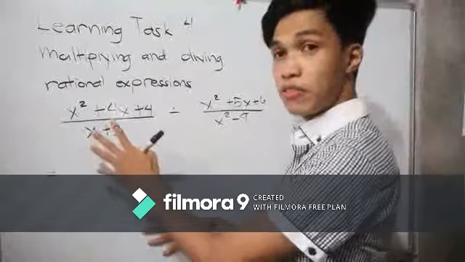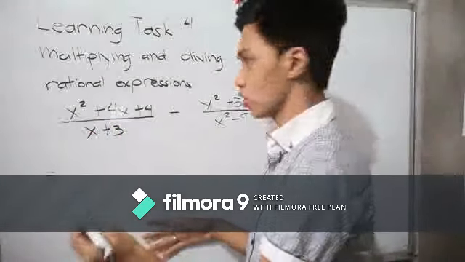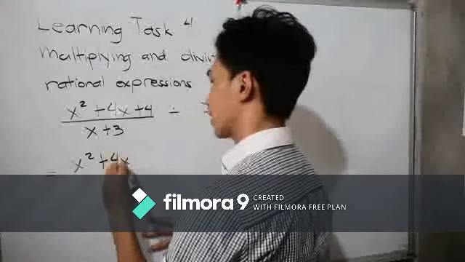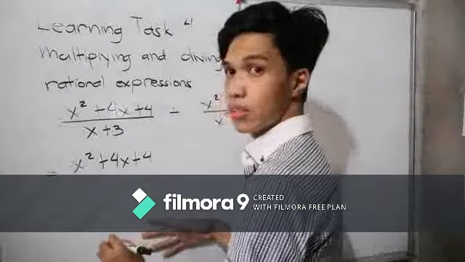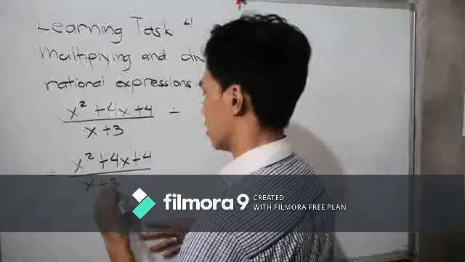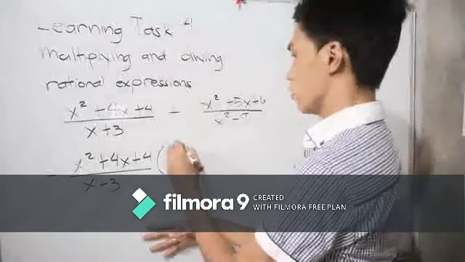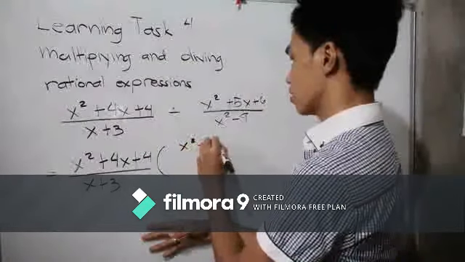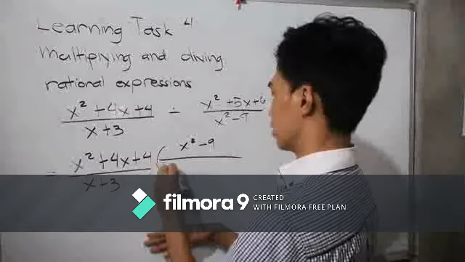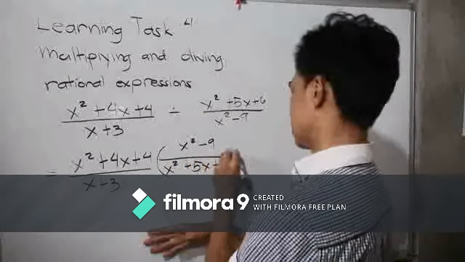So let's copy the first fraction. That would be x squared plus 4x plus 4 over x plus 3 multiplied to the quantity of x squared minus 9 over x squared plus 5x plus 6.